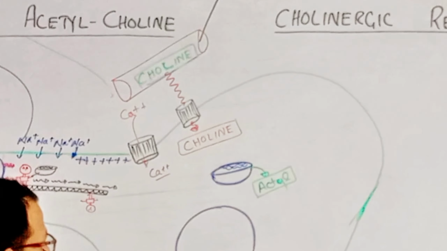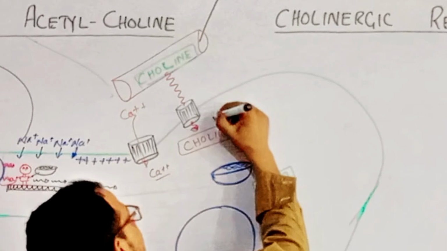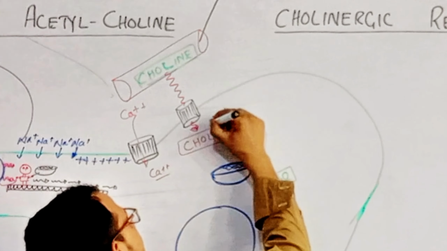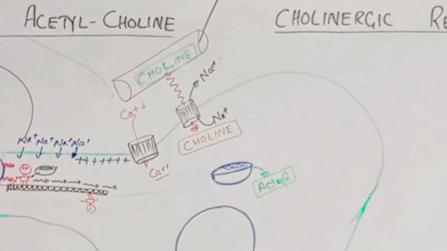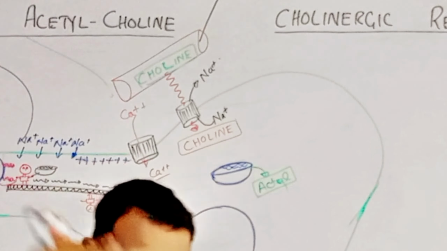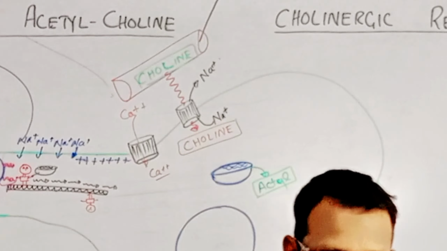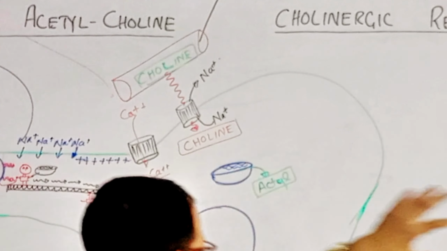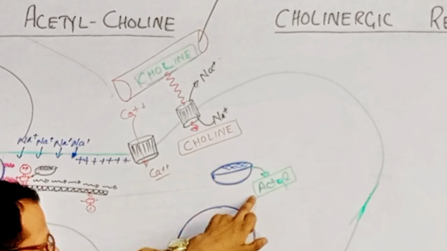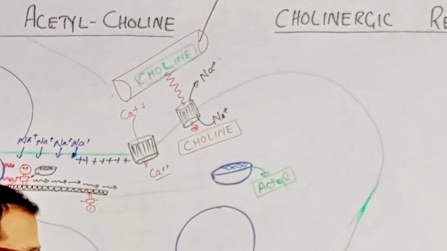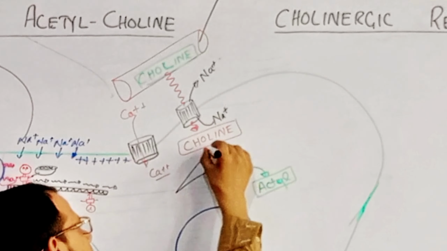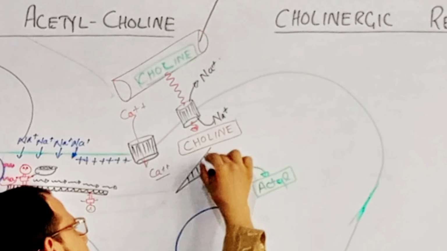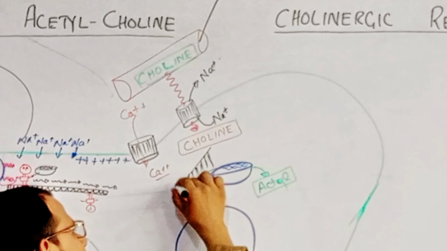And in response to these choline, it releases sodium outside, right? Because when the cell is taking something from outside, it also gives something to the outside, right? So these choline and acetyl, they react by which enzyme? Which enzyme is responsible for catalyzing?